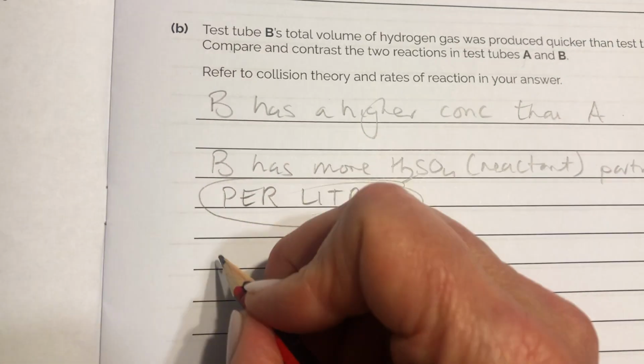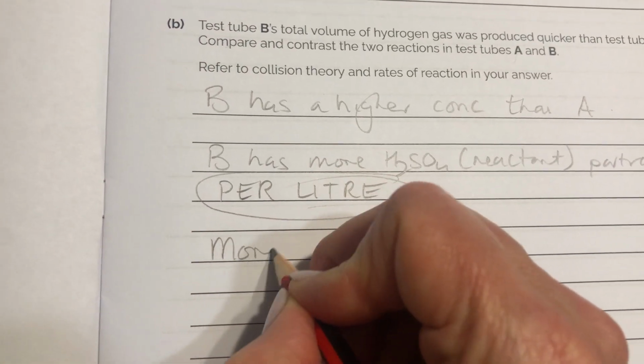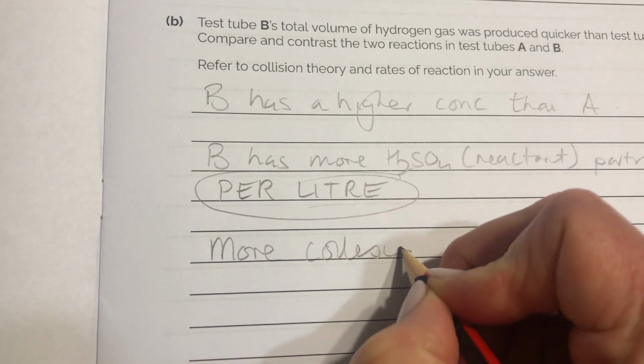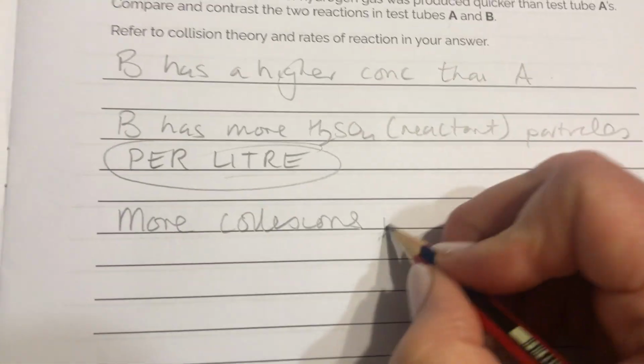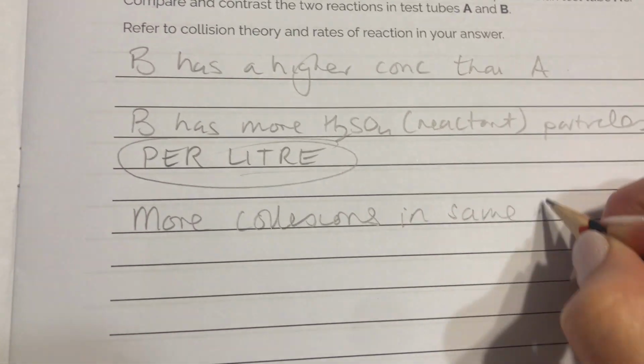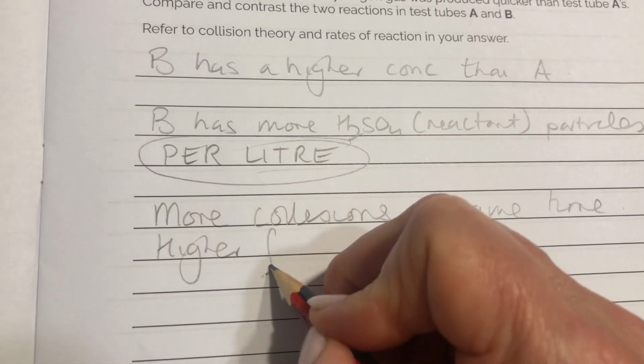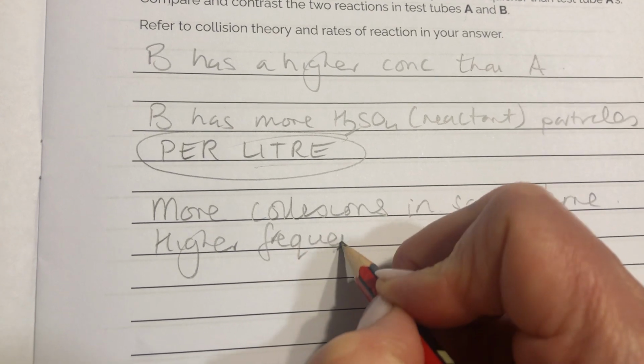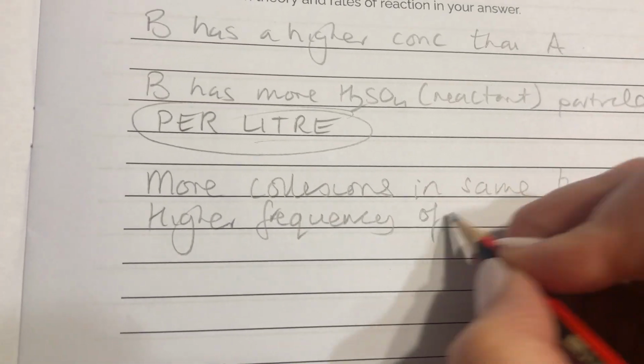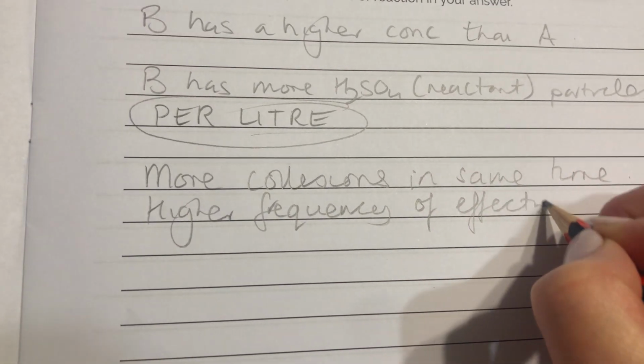And this means that there are going to be more collisions in the same amount of time, or a higher frequency of effective collisions. Frequency of effective or successful collisions.